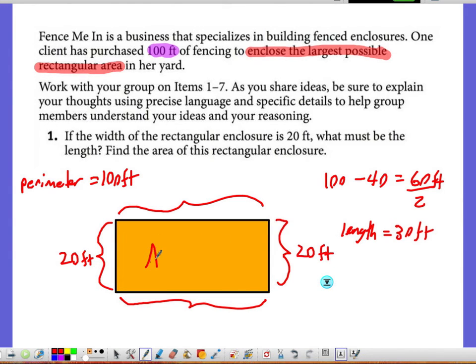Well, to find the area, I simply have to multiply length times width. And therefore, the area is going to be 30 times 20, and that gives me 600 feet squared.